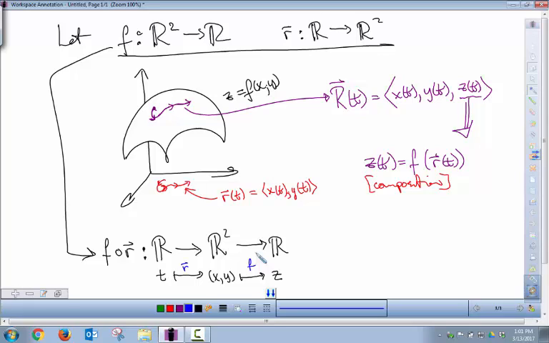So this eventually goes from t to z, and that is what we have written up here. t is the input, and z is your output. Right? Okay.